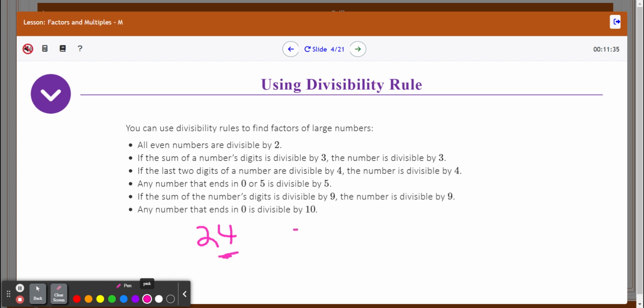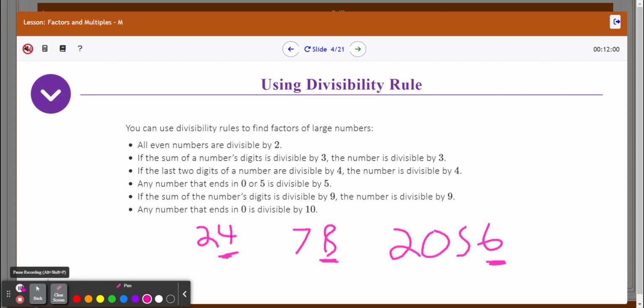Another example is 78. The last digit of 78 is 8, which is even, meaning it's divisible by 2. It doesn't matter how big the number is. It could be 2056. The last digit of 2056 is 6, meaning it is divisible by 2. So right off the bat, if you know the number is even, you know it's divisible by 2, and you know already that that's a factor.